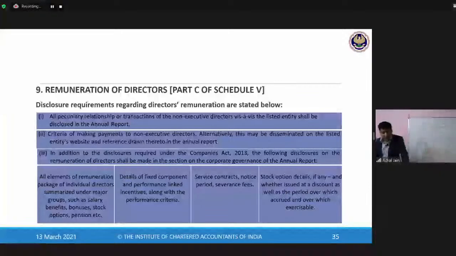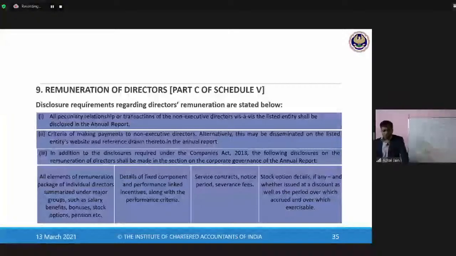All the elements of the remuneration package of individual directors summarized under major groups such as salary, benefits, bonuses, stock options, pension, etc. Details of the fixed component and performance linked incentives along with the performance criteria.